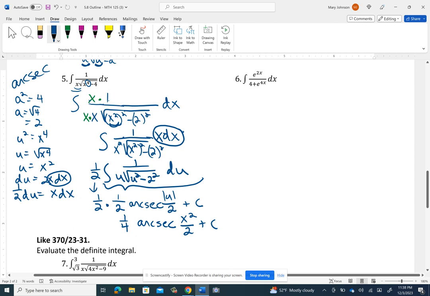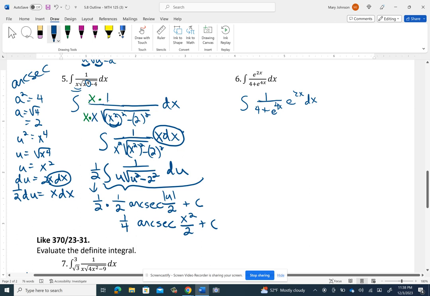All right, but let's take a look at this. On this one, I'm going to think of it kind of like this. That e to the 2x is going to have something to do with the e to the 4x, we'll notice in a minute.